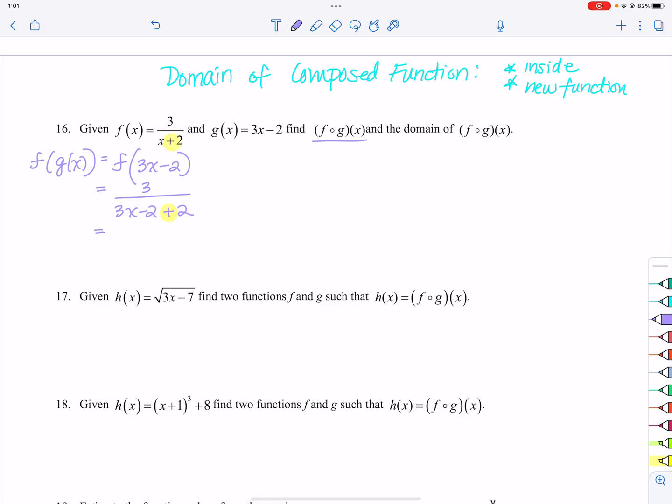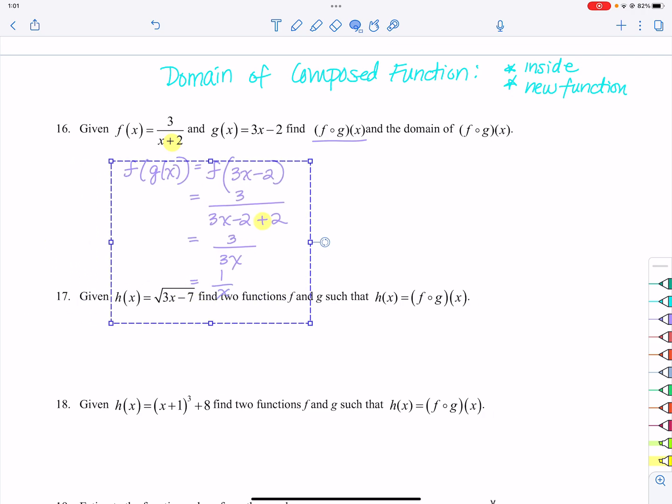And that's equal to 3 divided by 3x, or 3 divided by x. Excuse me, 1 over x. Okay, so this is f composed with g of x. I was thinking we had to find both of these, and I sort of crowded this.